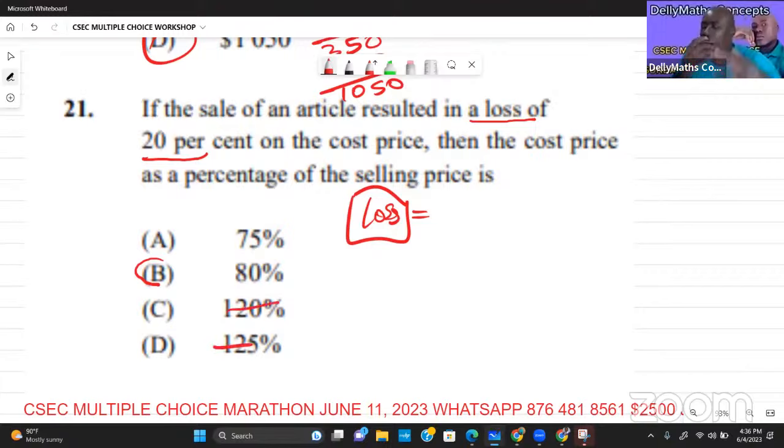What I want you to understand is that the cost price is going to be less, because the selling price, my bad, I think I'm saying the wrong thing, not cost price. The selling price is less, my bad. The selling price is less because it was a loss. So you sold it for 20% less.